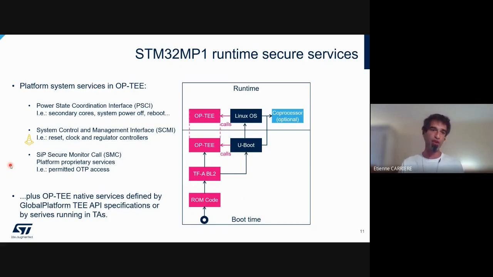And of course, with this setup, we have all the native OP-TEE services, which start from loading and invoking trusted applications, and all other services that have been implemented in the OP-TEE or as trusted applications in the OP-TEE project.